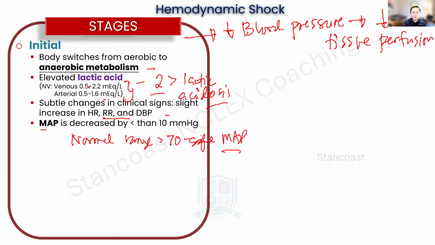And so we are supposed to expect a normal MAP if it is equal or greater than 70 mmHg. However, if there is a drop of 10 points, maybe 60, that is already a significant MAP reduction.